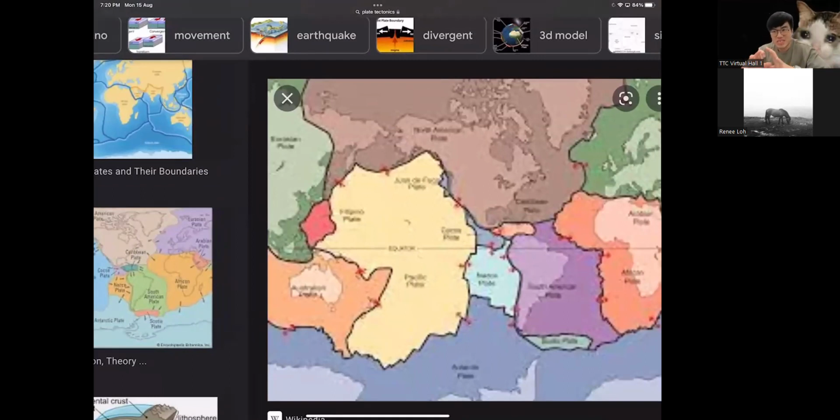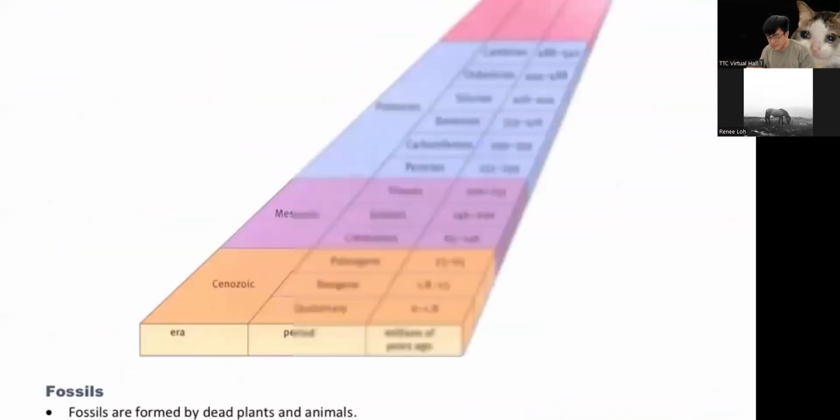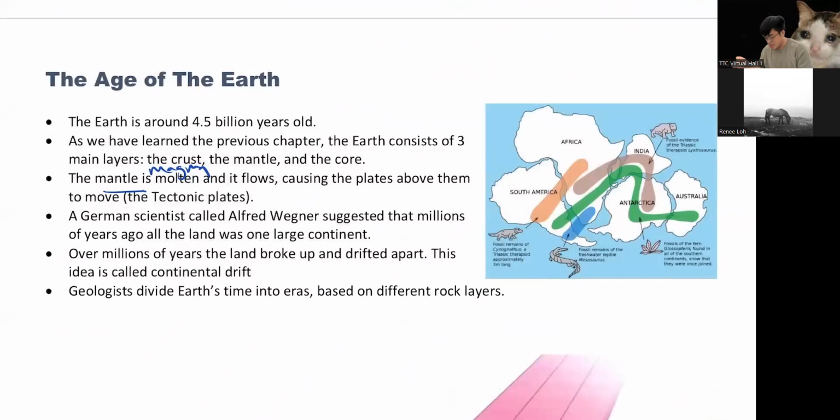But throughout the years they started to move, because when there is liquid moving at the bottom, the top part will move. Imagine a pool of water with paper on it: when you stir the water, the paper moves along. This is what they believe, this is plate tectonics. How much it moved, nobody knows. But what we know is that when the plates start to move, you get earthquakes. This is how earthquakes happen.